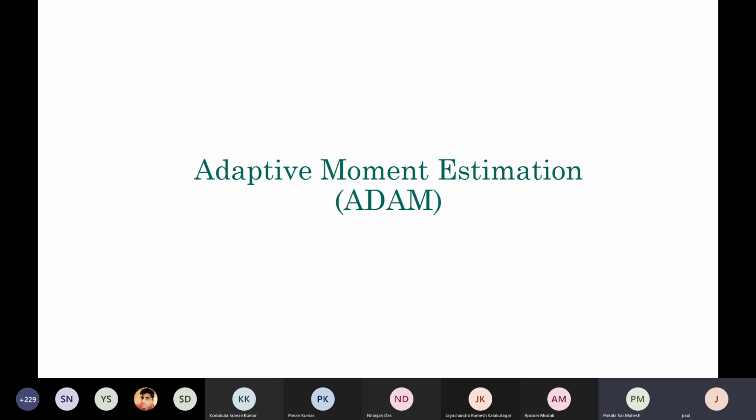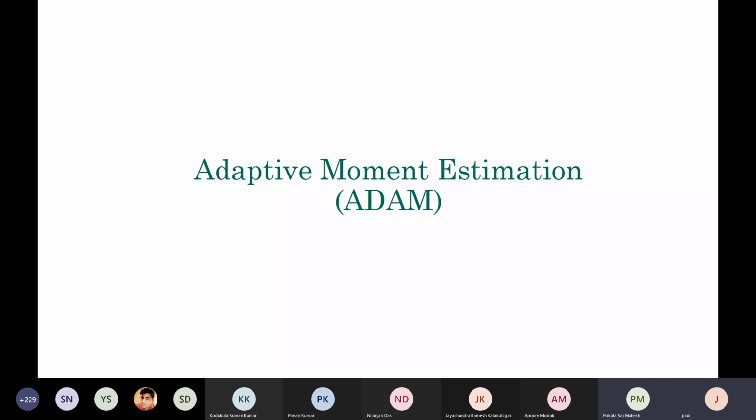Now let's recap where we stand. In vanilla gradient descent, you have seen that the learning rate is a problematic thing because it is not adaptive in nature. To overcome that, in AdaGrad we try to use the history of the past gradients to adapt the learning rate.